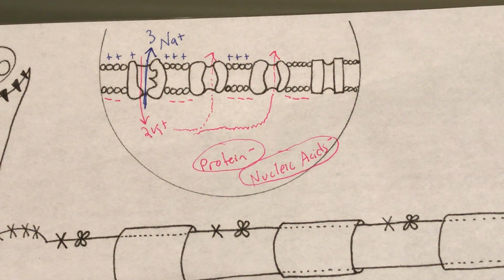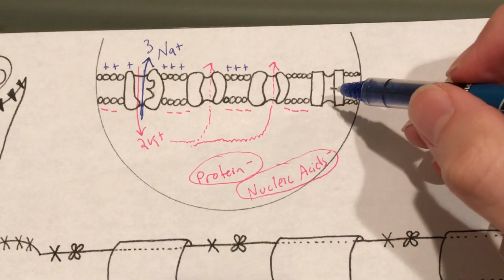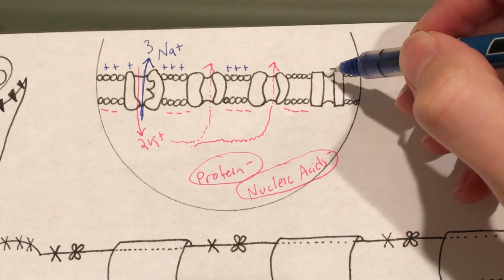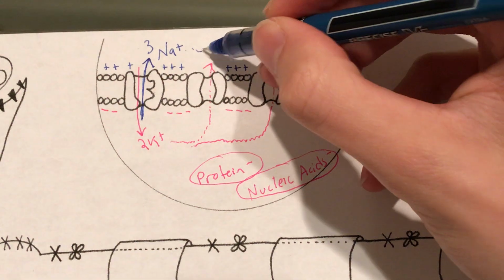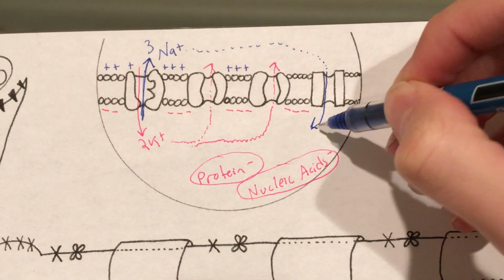And we also have sodium leaky channels, which we have fewer of, hence I drew just one of these versus 2 potassium channels. That allows sodium to go from the top back into the cell.